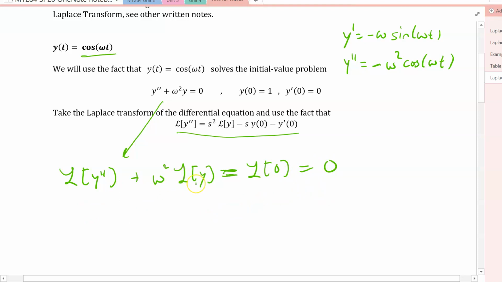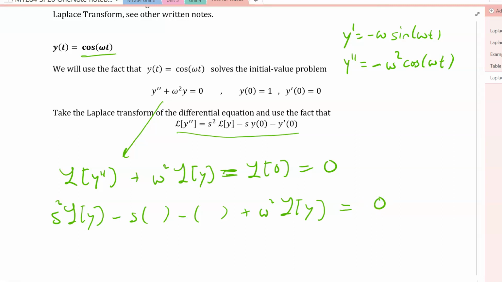Now, substitute in the fact about second derivatives in the Laplace transform. That tells us we've got s squared times the Laplace transform of y minus s times y of 0 minus y prime of 0 plus omega squared times the Laplace transform of y equal to 0. What is y of 0?